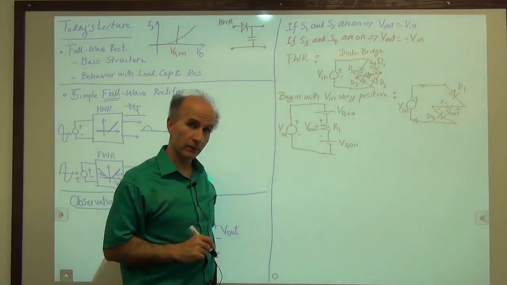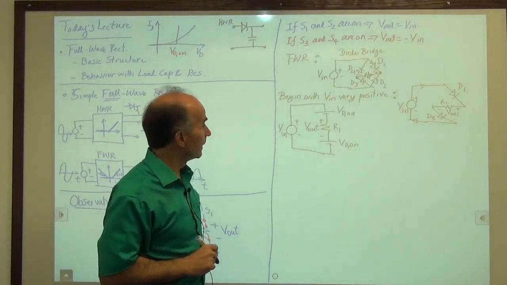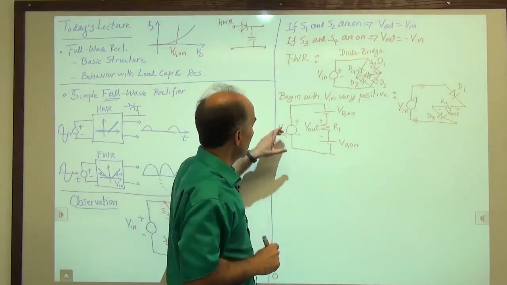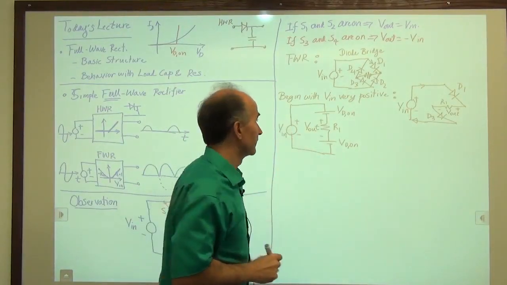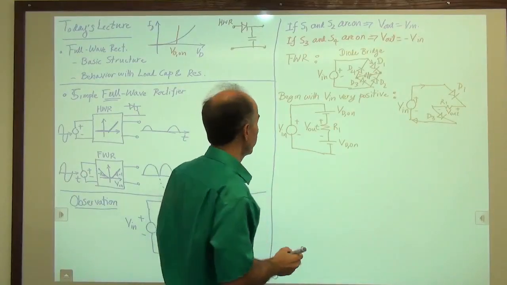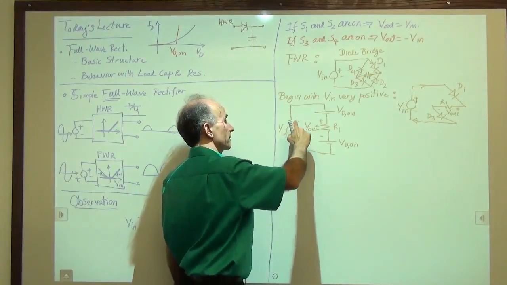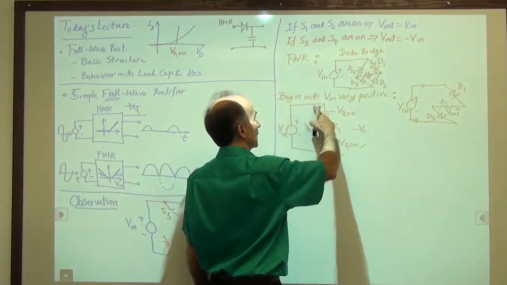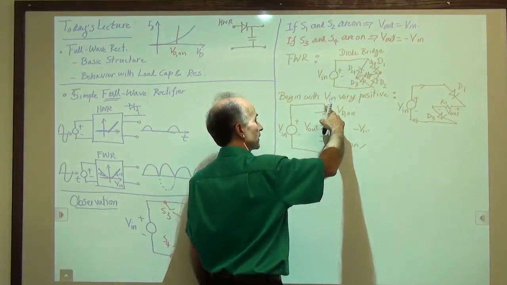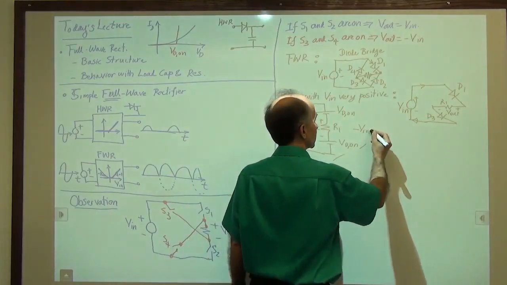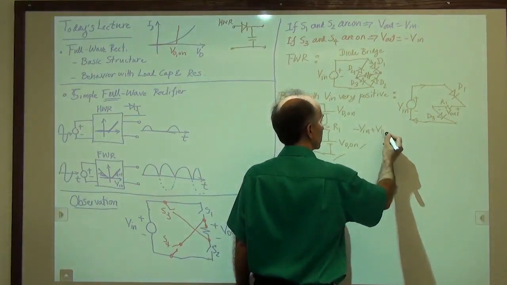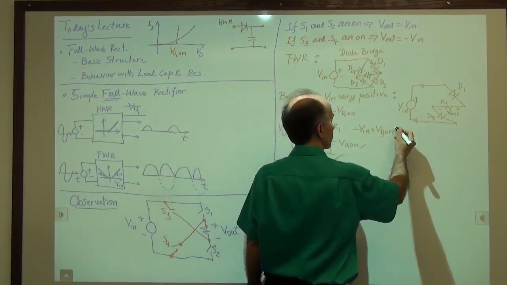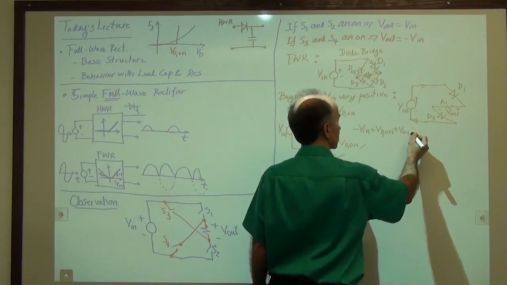Can I measure Vout? How much is Vout? Well, Vout is not that hard to measure. We can write a KVL. So let's write a KVL very carefully, okay? We start from here, say minus Vin, plus VD on, the battery positive on this side, plus VD on. Going down here, plus Vout.